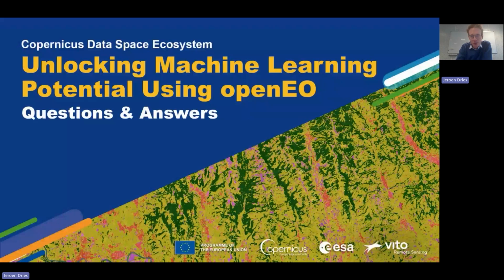There's a nice example of a best available pixel composite in there. And then what other people are also doing is, again, using machine learning to classify clouds themselves, if, of course, they're not happy with the default cloud masks that are available on CDSE by default.